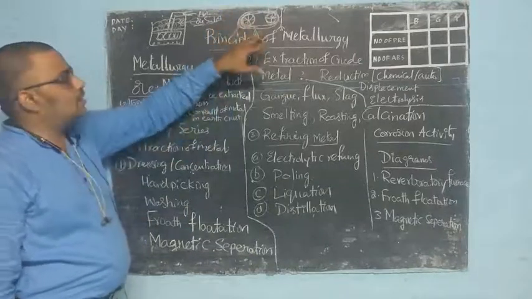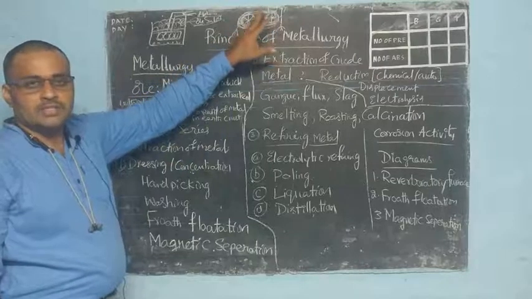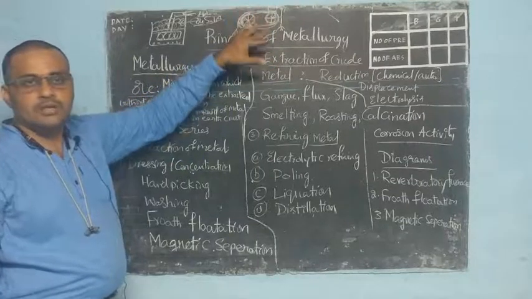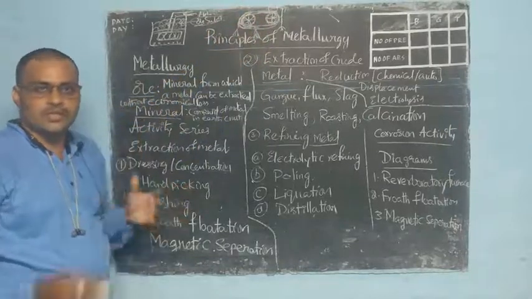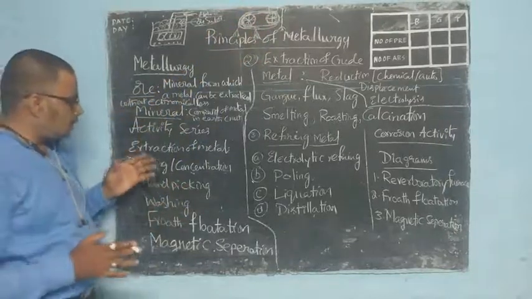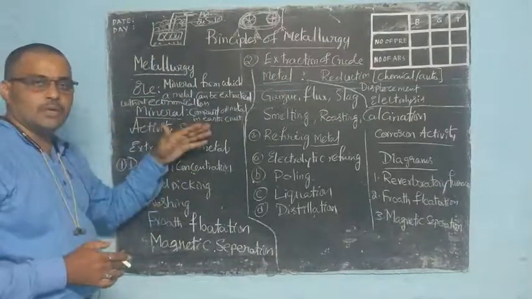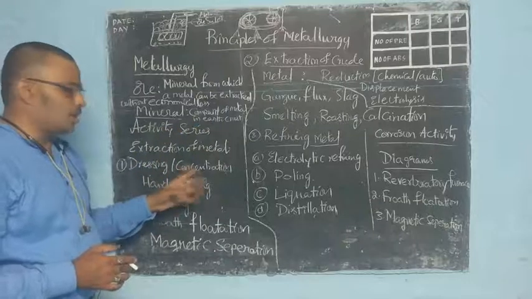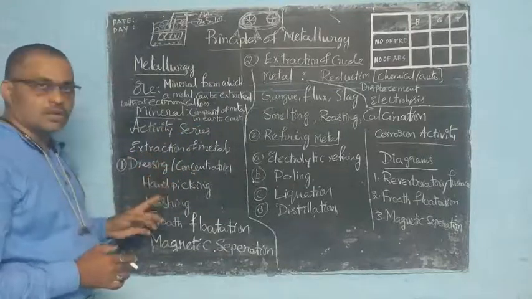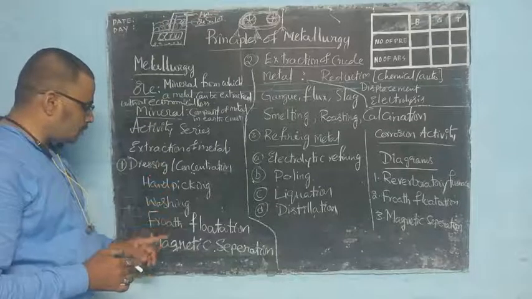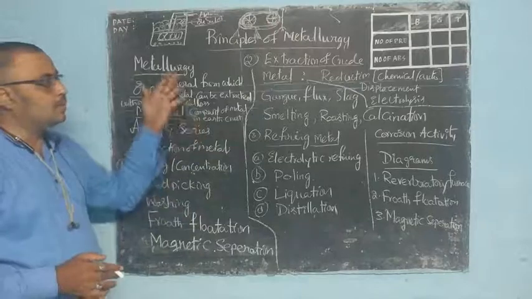In this manner, by utilizing the magnetic wheel and non-magnetic wheel, the magnetic substances and non-magnetic impurities present in a particular ore are separated. So in this manner, to extract the metal from the ore, the first step was concentration or crushing. In concentration, hand picking, washing, froth flotation, and magnetic separation are done like this.